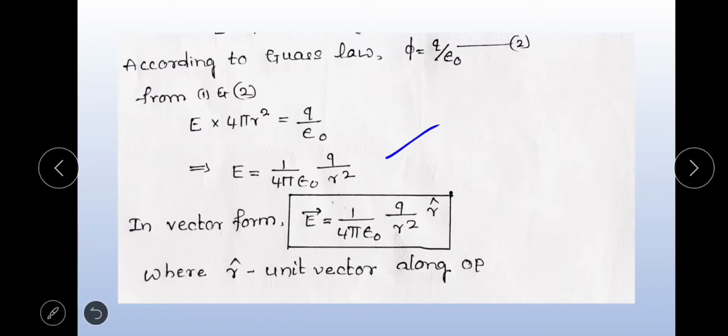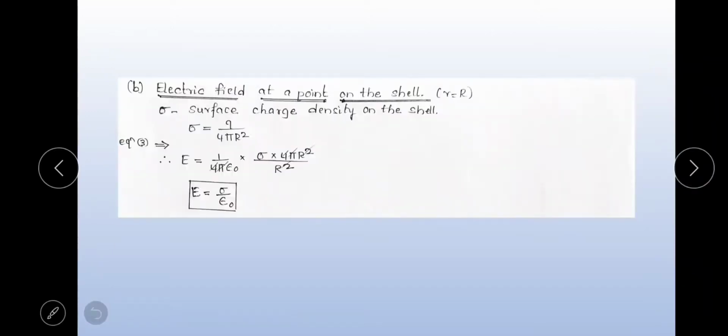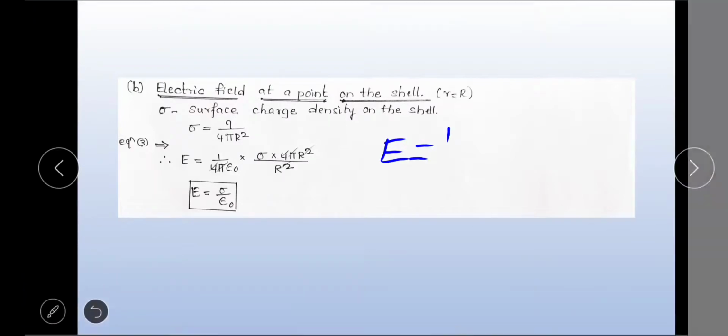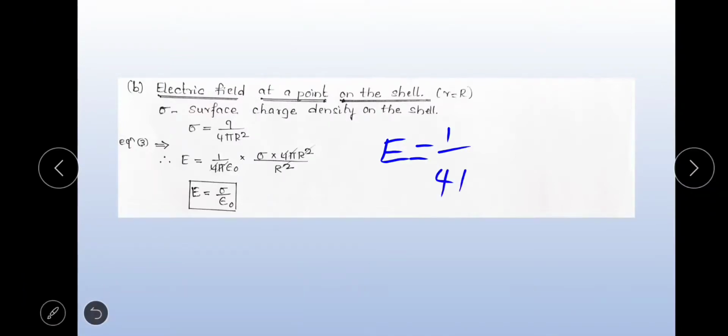Okay, q by r square is there. So in that expression you have to substitute. The expression was like this: E equals 1 by 4 pi epsilon naught into q divided by r square. It is equation 3.